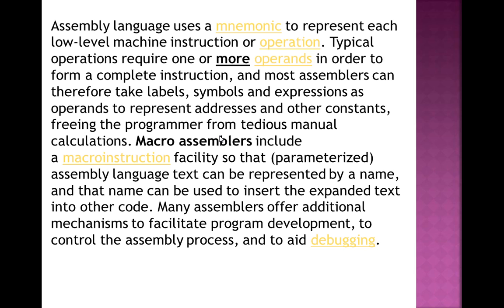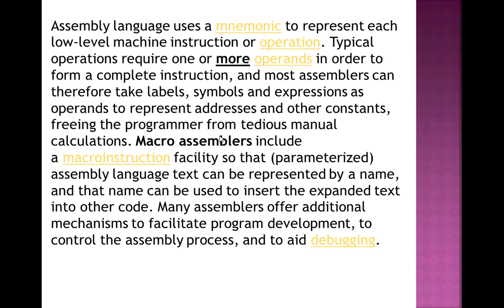The next line says a macro assembler includes a macro instruction facility so that assembly language text can be represented by a name, and that name can be used to insert the expanded text into other code. Many assemblers offer additional mechanisms to facilitate program development, to control the assembly process, and to aid debugging.